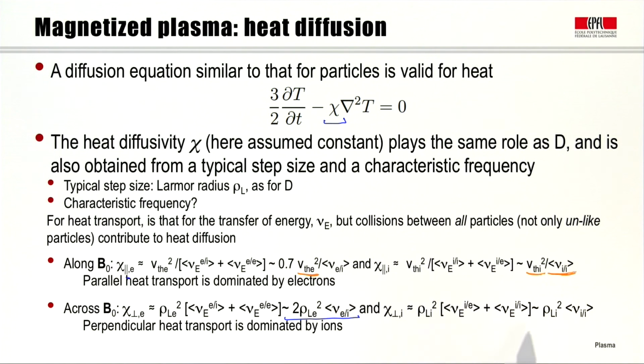And for the ions, again, it's something that refers to the collision frequency between ions and ions. But because the Larmor radius of the ions is so much larger than that of the electrons, the perpendicular heat transport will be dominated by the ions. So the opposite situation to that of the parallel heat transport.